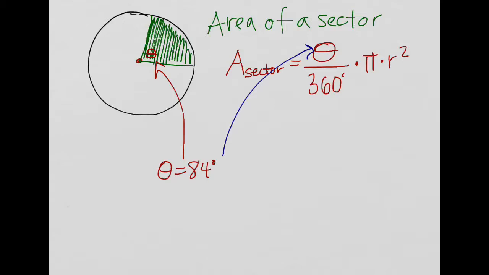Let's just use this as an example. We need a little bit more information, and I'm going to draw a triangle inside of my sector, and you'll see why in a minute. If you see this triangle sitting inside here, the triangle is part of my sector. The sector is the whole thing though.